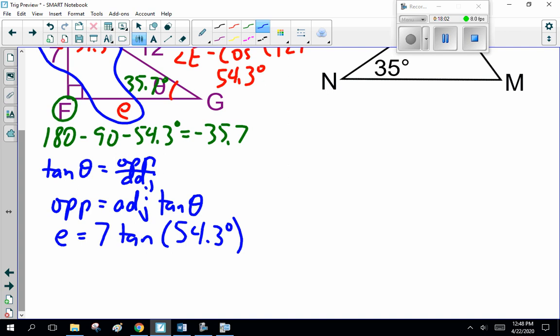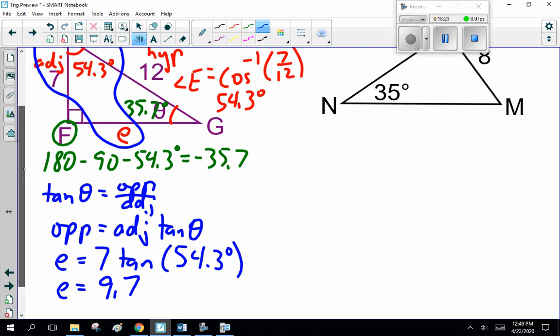I really should be doing Pythagorean because I know 7 and 12, but I just feel like doing it the trig way. E is 9.74, so 9.7.